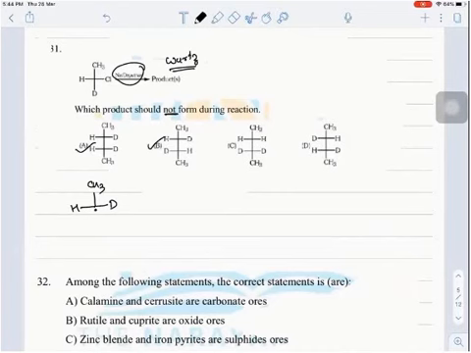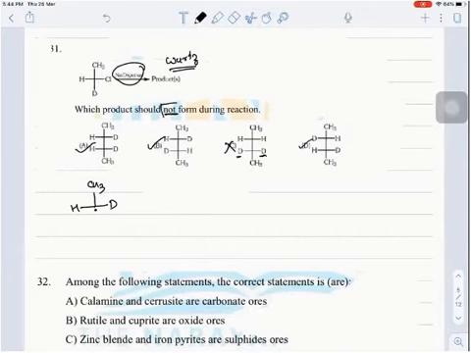C is not possible because there are two deuteriums on the same carbon. Deuterium should be on the adjacent carbon, so it is not possible. D is also possible because B and D are enantiomers, which can also be formed in this reaction due to the flipping of these radicals. So A, B, D are formed.